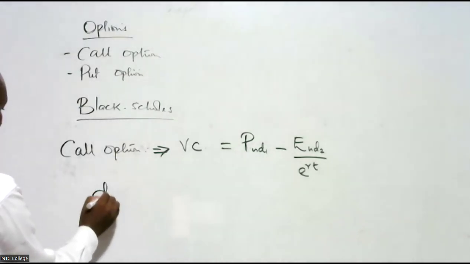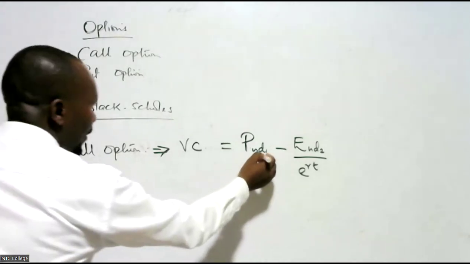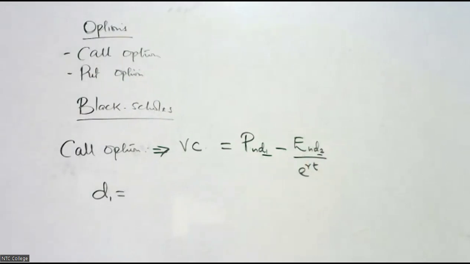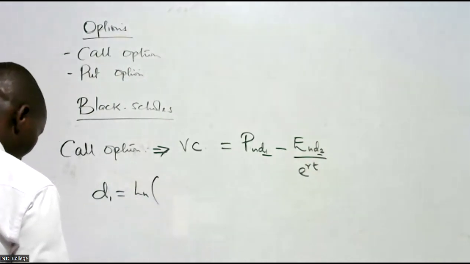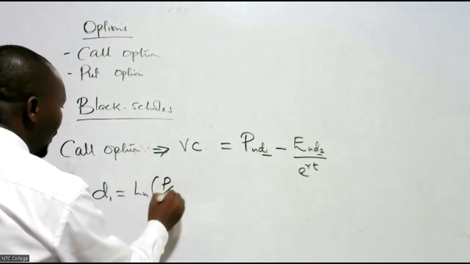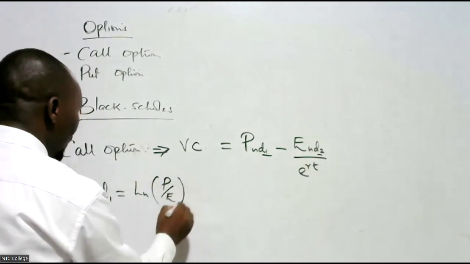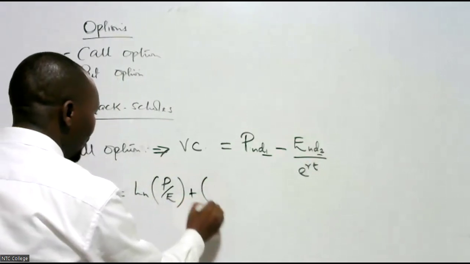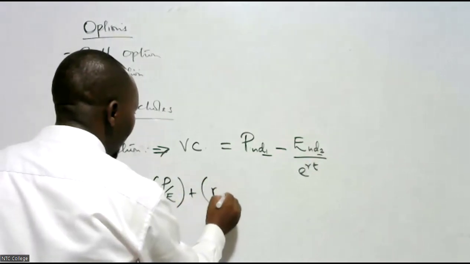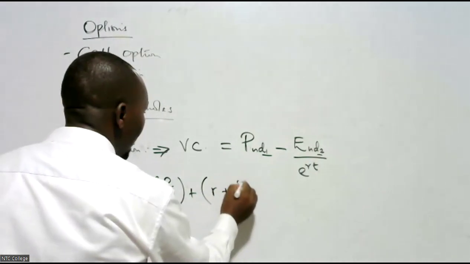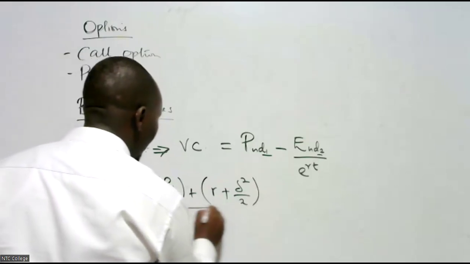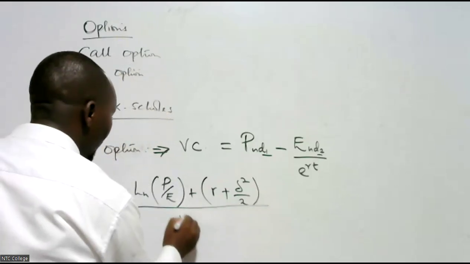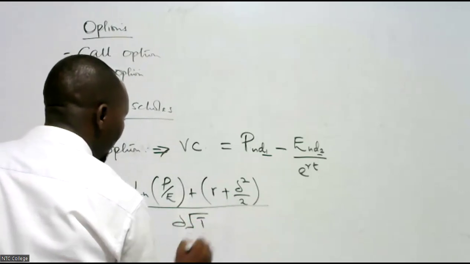So d1 is normally given as Ln of P over E, plus R plus the variance over 2, then all of this over the standard deviation times the square root of time.